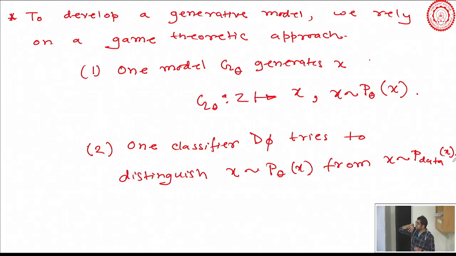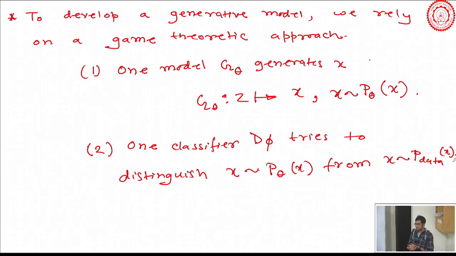Because the generator G theta is trying to generate data such that the generated data, because it's a generative model, is as close as possible to the true data in the statistical sense. It will try to make P theta close to P data without knowing anything. That's what the generator will try to do.